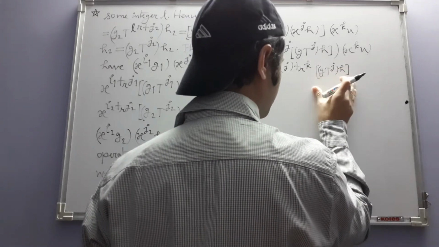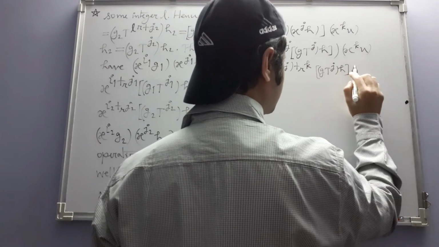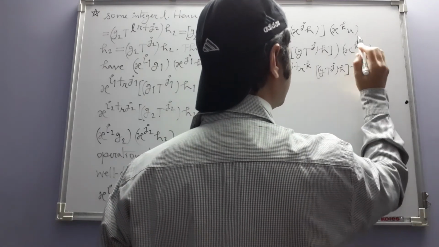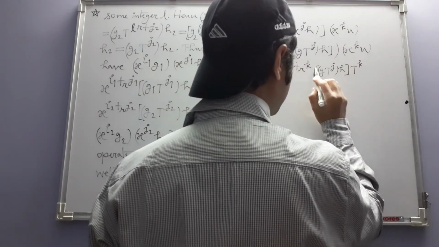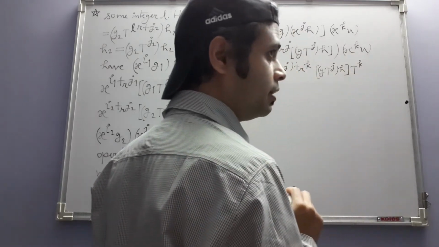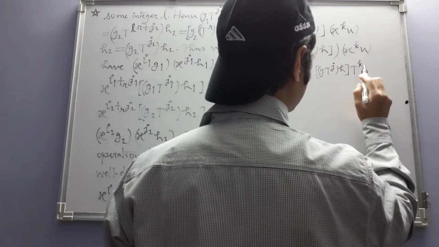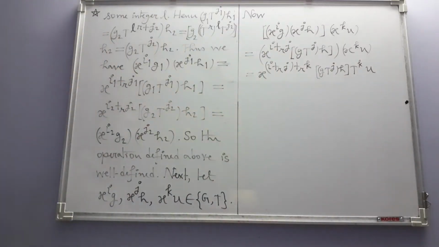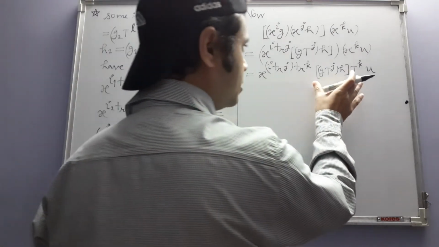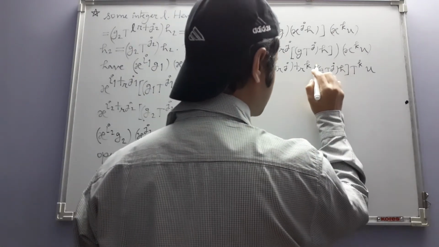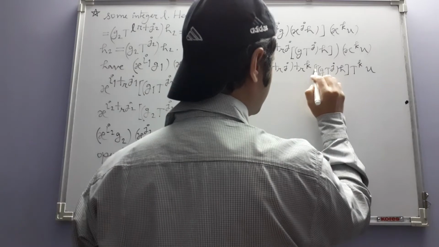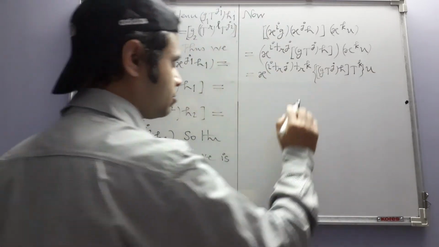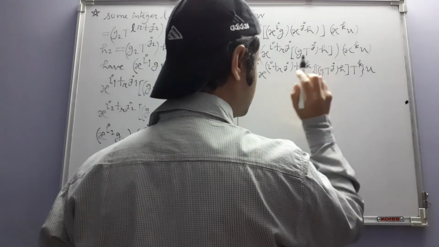On this group element we are applying the automorphism t to the power k. With that we have the other element u outside, and this is one element. How should I write? There are so many brackets I have to write, but there is no other choice than writing these things.